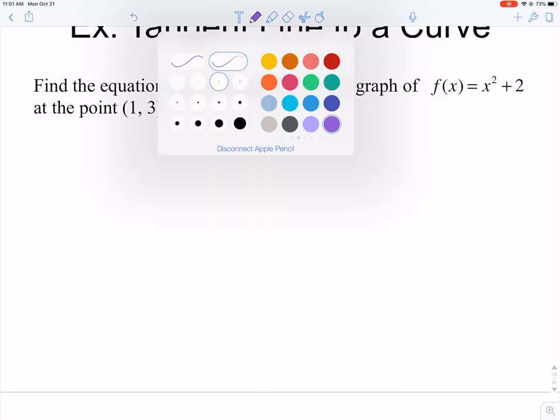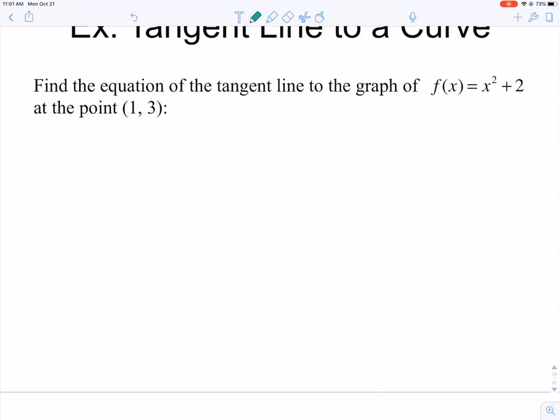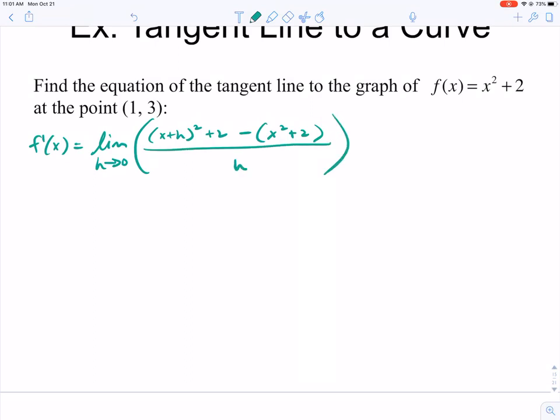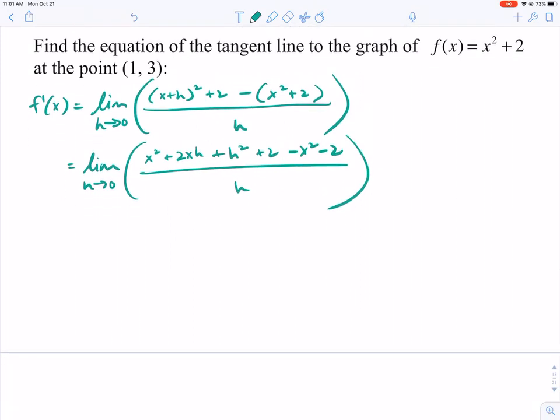Okay, and we can do it again. So again, using the limit definition, so taking the limit as h approaches 0 of the difference quotient, using proper notation, looking at what cancels.